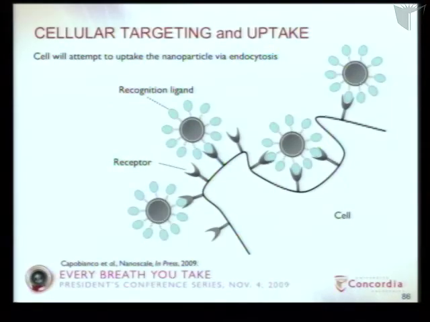And the cellular targeting and uptake, as I mentioned before, this is in the case of the recognition of cancer cells. Cells will attempt to uptake the nanoparticles via endocytosis, as we show on here. The nanoparticle has a specific ligand on it to recognize the cancer cells.